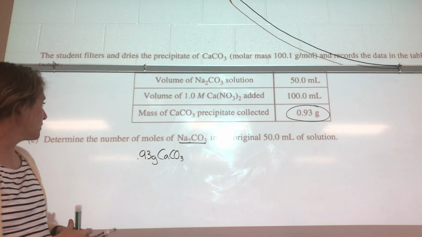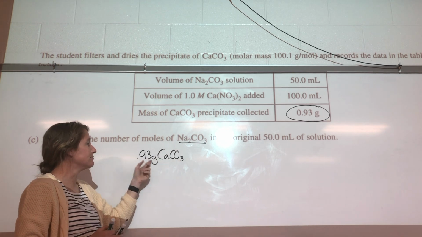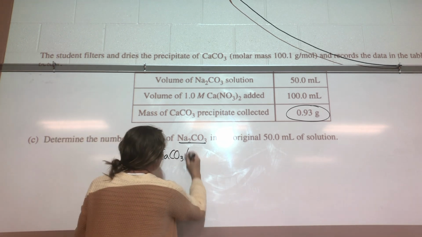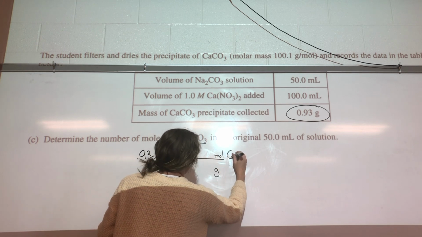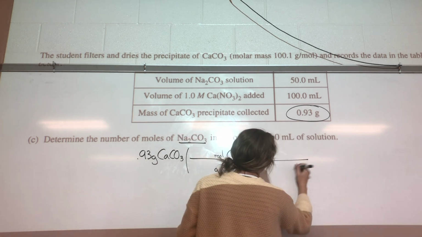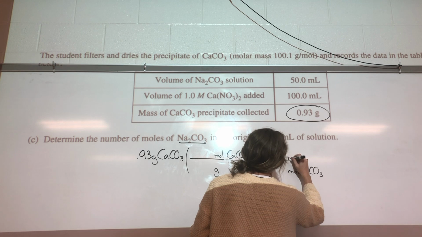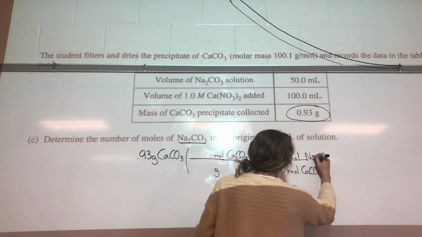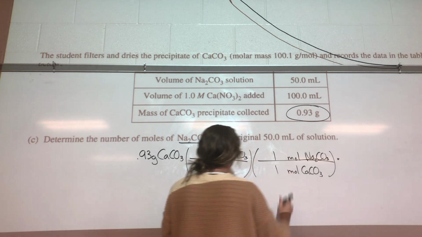Yeah, so in order to relate this to this, the thing that connects two different things is moles. So the first step is we have to go from grams to moles of calcium carbonate. And then we can go from moles to moles. So this is 1-to-1.